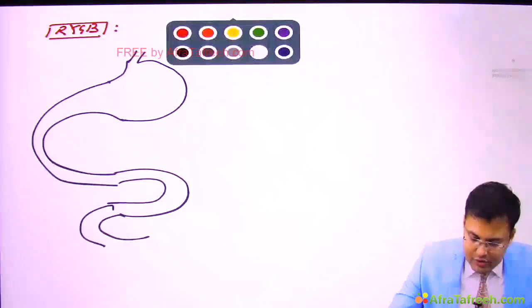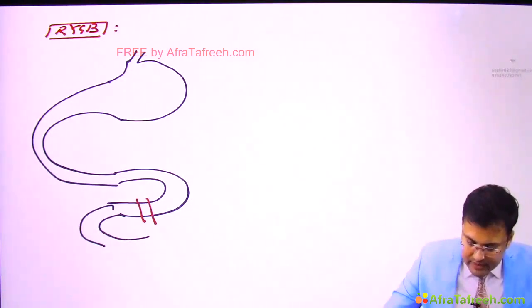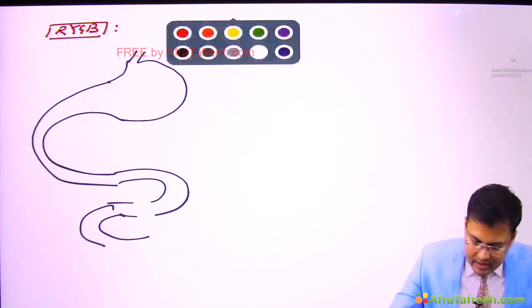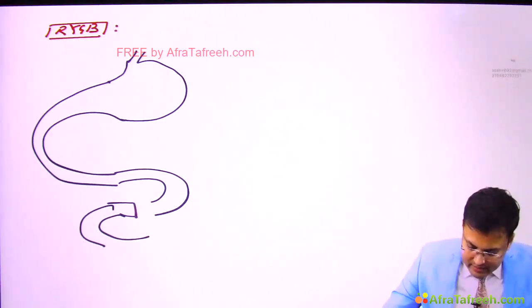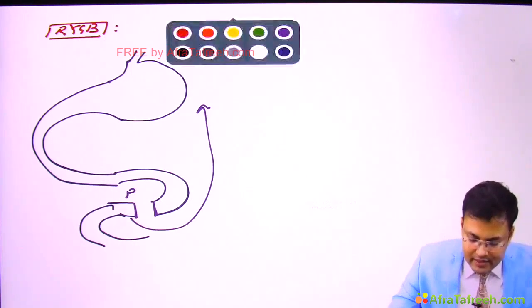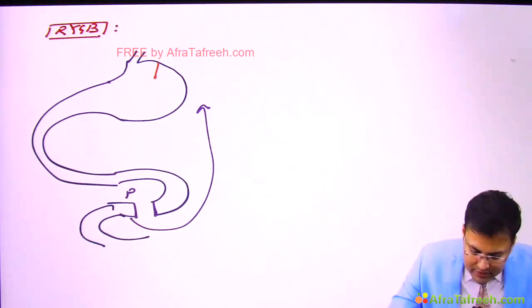I'm going to divide the jejunum, and after dividing it, I'm going to take the distal part of the jejunum to the stomach. But first we have to create a small pouch of stomach. So can you see, this is the small pouch of stomach created.